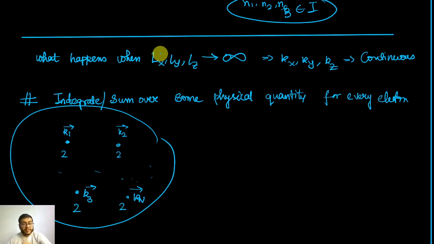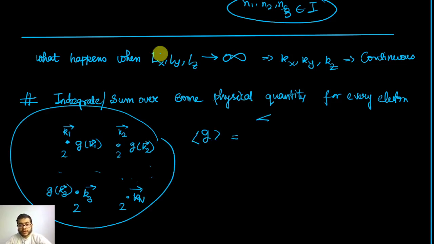But every k point also has some k-point dependent quantity associated with those electrons. For example, there is something called gk1, gk2, gk3. These are some properties of the electron that are only dependent on the k point. So what will be the total g, for example, g total or g average? Let's say g average would be more relevant.